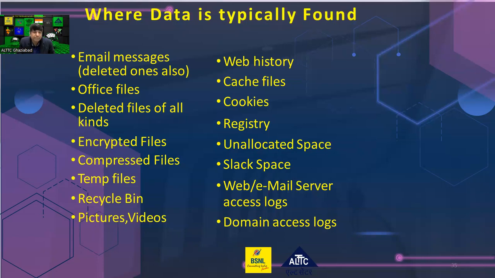Also, you can check office files, deleted files of all kinds, encrypted files, compressed files, temporary files, recycle bin, pictures, video, and web history. In this PPT we are just showing a rough idea of where you can find data.